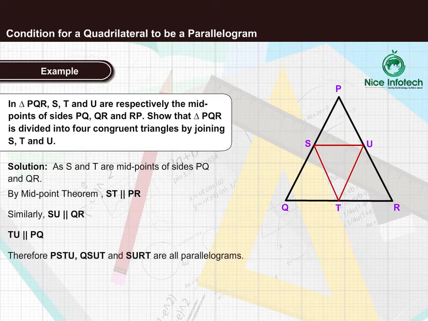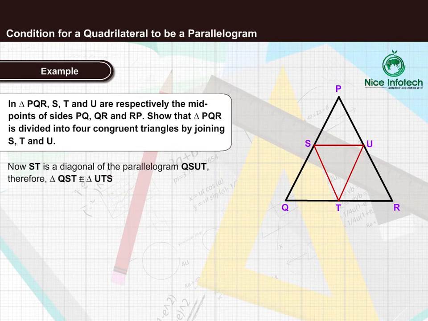Therefore, PSTU, QSUT and SURT are all parallelograms. Now, ST is a diagonal of the parallelogram QSUT.